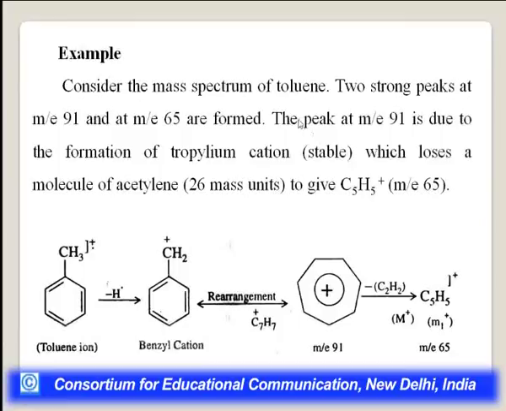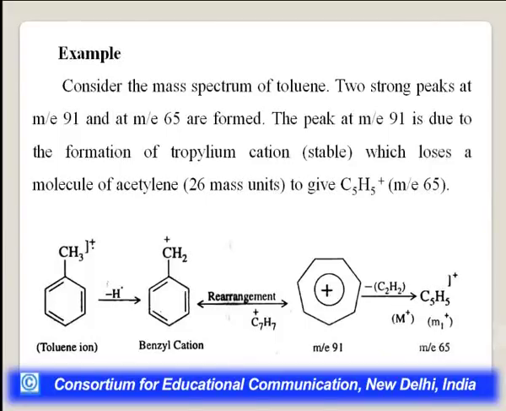Here you can see the peak at 91 is due to the formation of the tropylium cation. This tropylium cation is formed by the toluene ion, which loses a molecule of acetylene to give C5H5 at an abundance of mass 65. So, which kind of fragmentation takes place in a particular organic molecule?